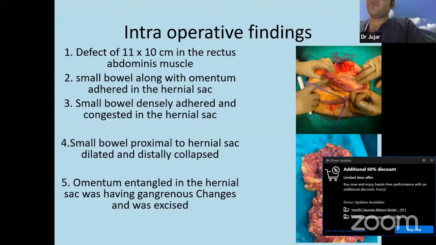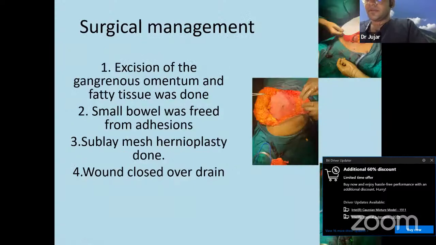The bowel proximal to the sac was dilated, and distally the bowel was collapsed, and the omentum was entangled in the hernial sac, with changes in the omentum, for which it was excised. The gangrenous omentum was excised, and a little fatty tissue was also excised. The small bowel was freed from the adhesions, and the mesh was placed, and the wound was closed with drain placement.